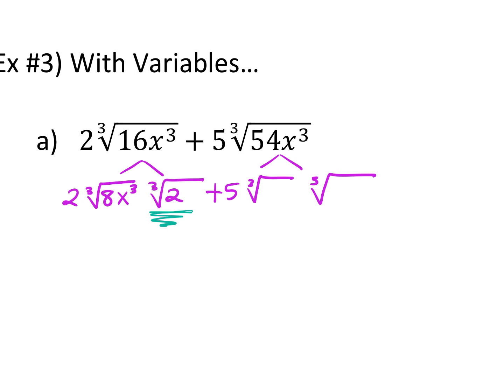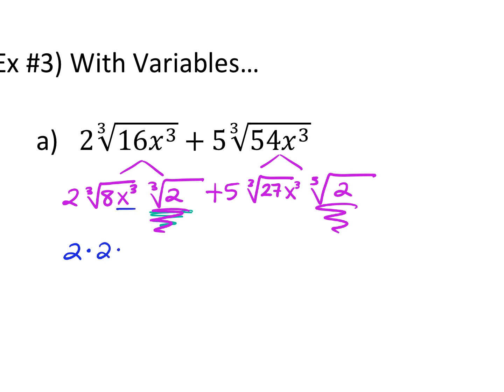54 is divisible by what perfect cube? 27, right? 27 times 2. And again, notice 2 and 2. That's usually how they end up. You still have the x cubed on the perfect side. So now simplify that. This is 2 times 2.